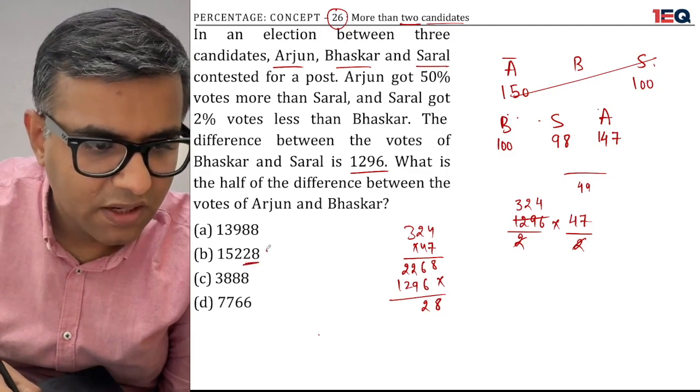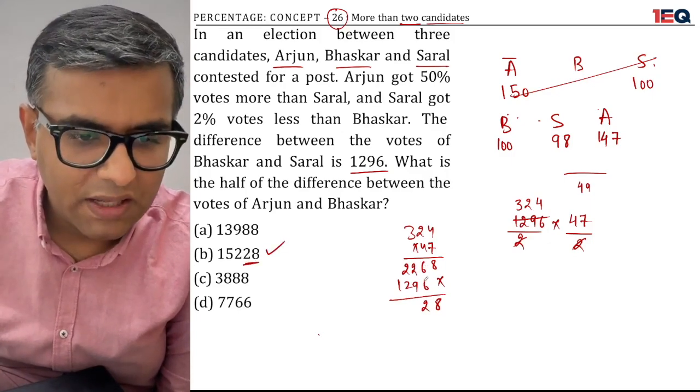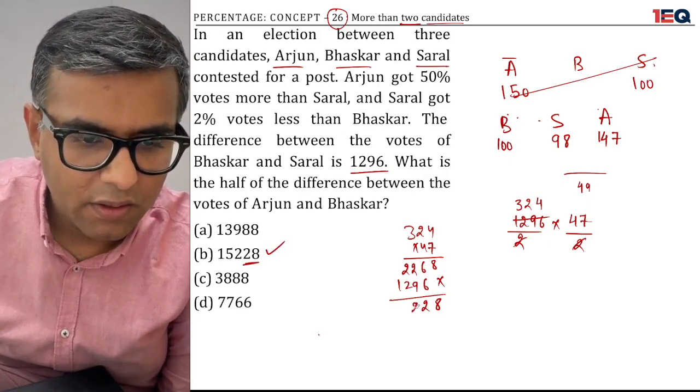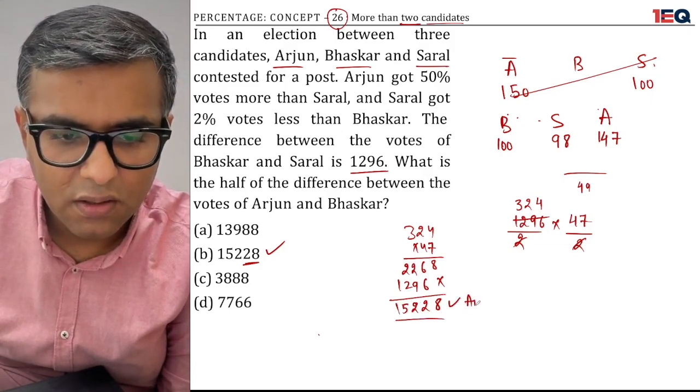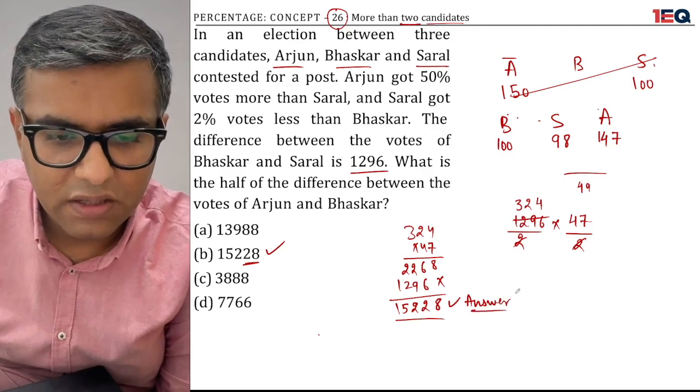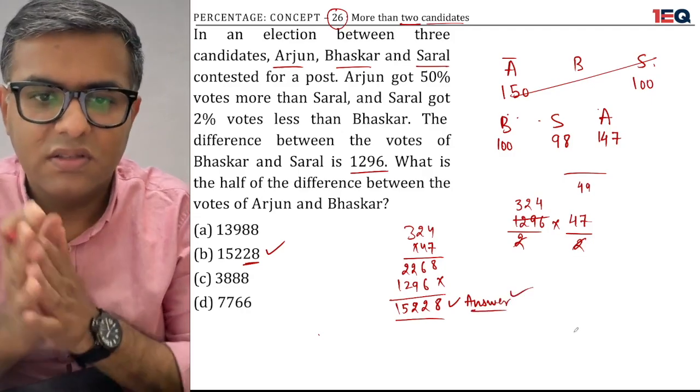From the last two digits, I know this is the answer, but I'll still carry on. And another 12, then 5, 1, 5, 2, 8, 8. This is the final answer.